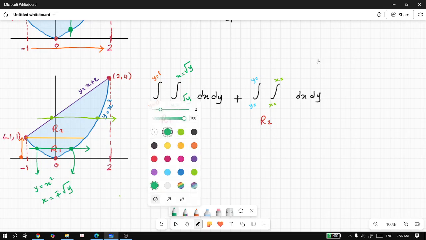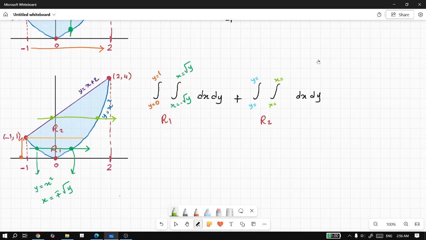Now moving to r2, let's see how the limits of integration change. Here the entering place is this one. Here x is equal to what? X is equal to y minus 2, because we know that this is the line y equal to x plus 2. So x is equal to y minus 2.